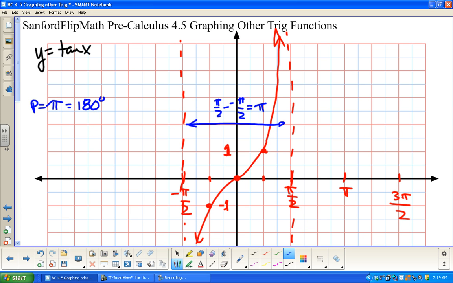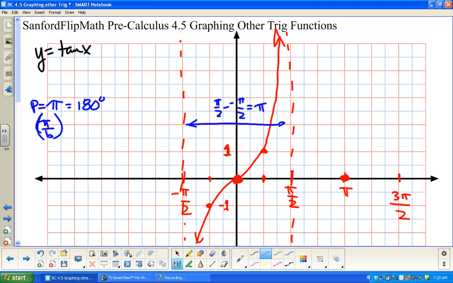For tangent, the period is pi over b. Okay, so if there is a number inside with x, this is a big change between sine, cosine, and tangent. This one is about 180 or pi instead. Okay, so if that's true, then this whole thing repeats again. So pi to the right of 0 should be the same value.